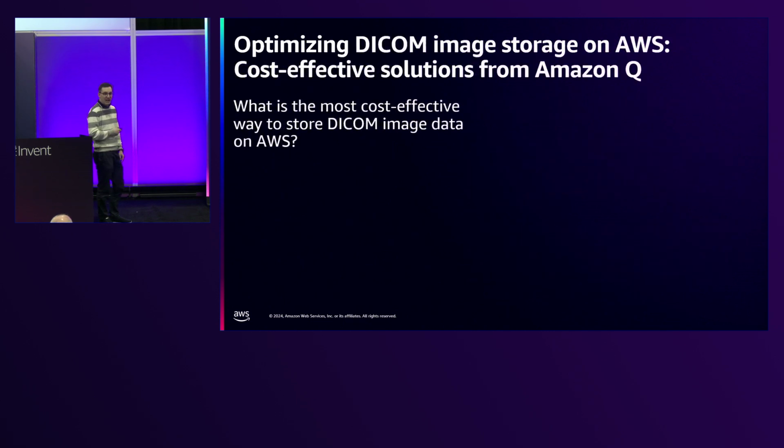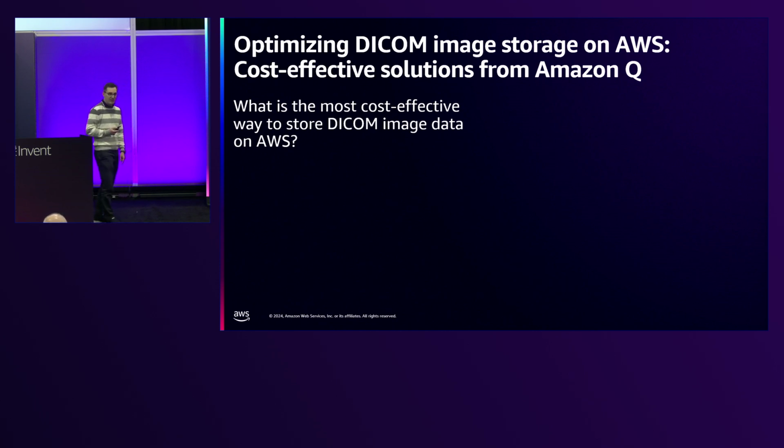Let's look at a more advanced question. For this question, you have to understand what DICOM is. DICOM is a standard for storing medical imaging. So probably someone who asked this question wants to store a large amount of data with fast retrieval.